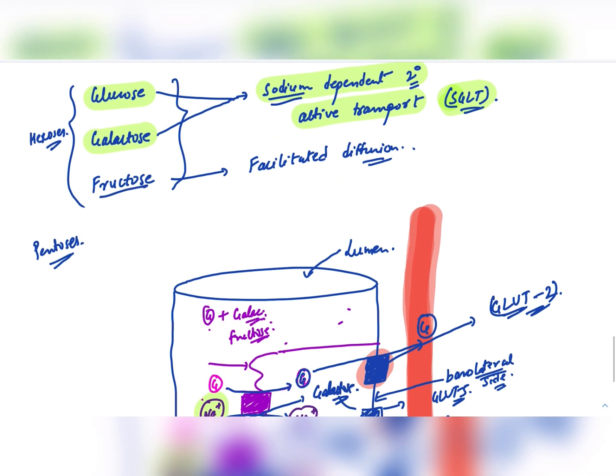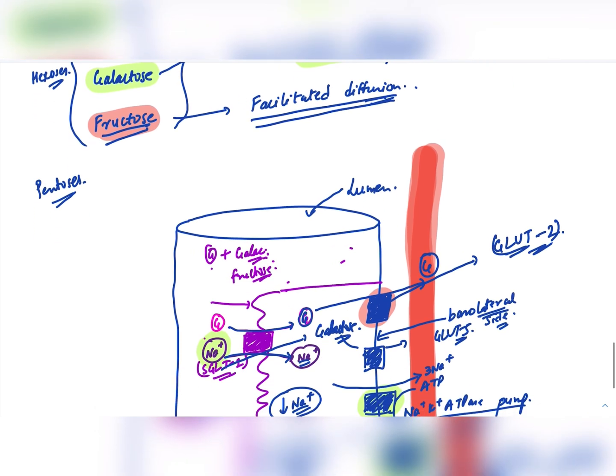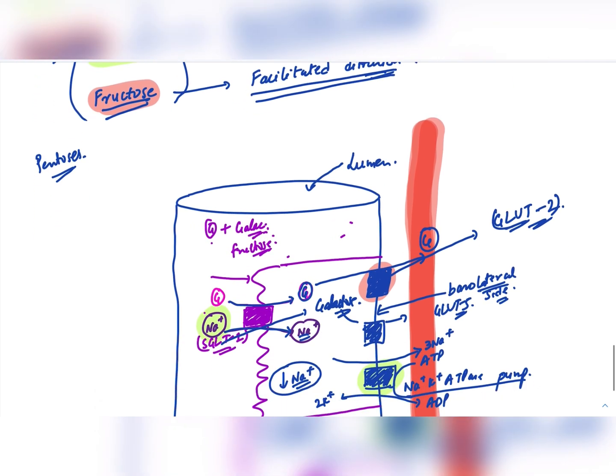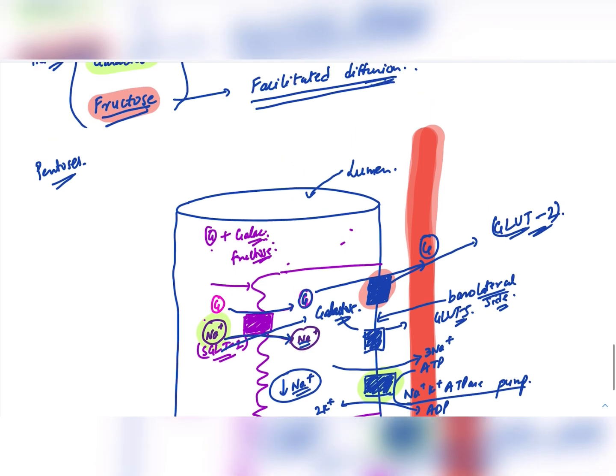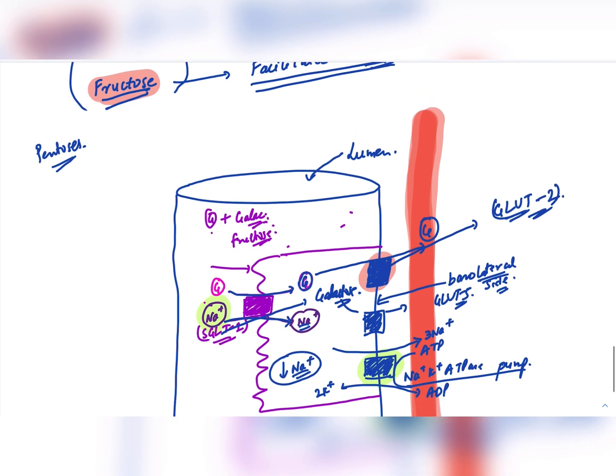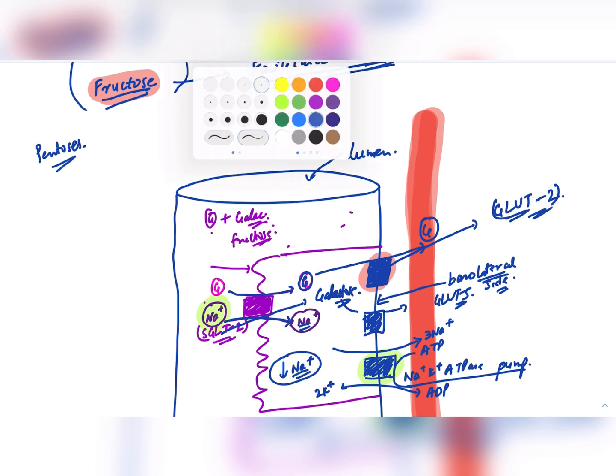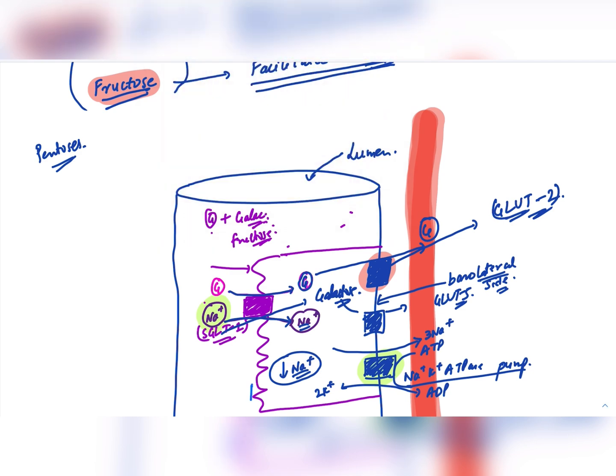Now talking about fructose, it is absorbed by facilitated diffusion. Fructose doesn't use any sodium gradient. It simply gets transported by facilitated diffusion. For absorption of fructose, specific transporters are used, known as GLUT5, which is located in the apical part of the intestinal epithelial cell and also the basolateral side. These light blue ones are the GLUT5s.